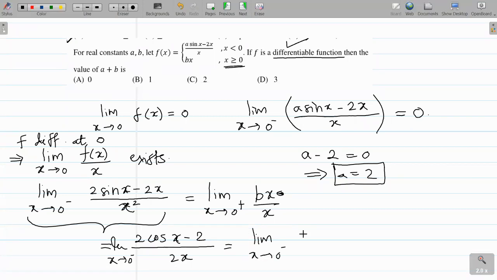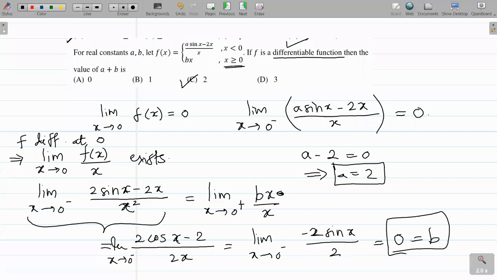So 2 cos x becomes minus 2 sin x, upon 2. And now this is 0. So this is my value of b. Right. So answer is yes, B. Good.